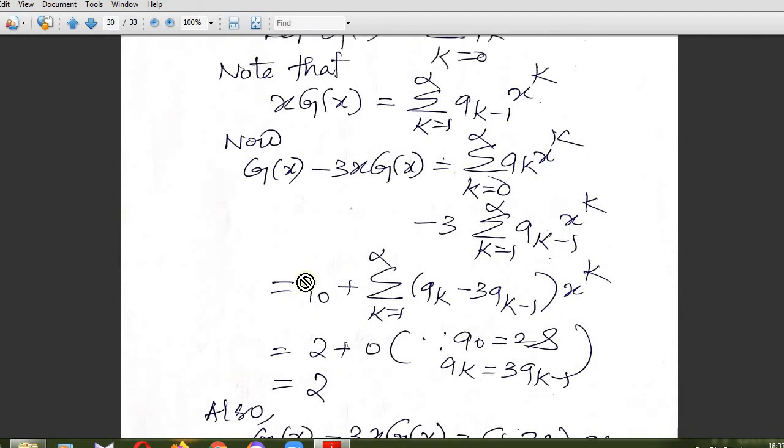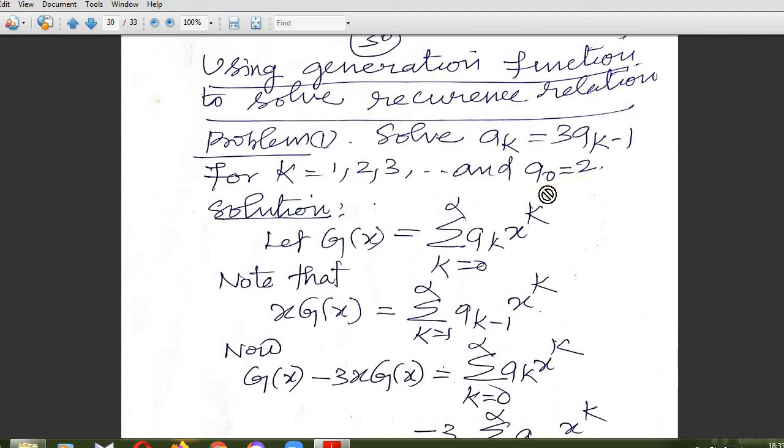Now what is a_0? You go back to the initial condition here. When k equals 0, a_k equals 2. That is the condition given here. Am I correct? When k is 0, a_0 equals 2. When k equals 1, 2, 3, the recurrence relation is defined according to this rule.